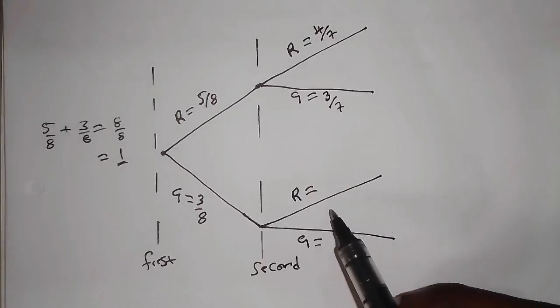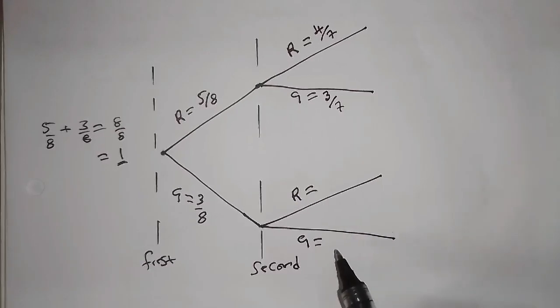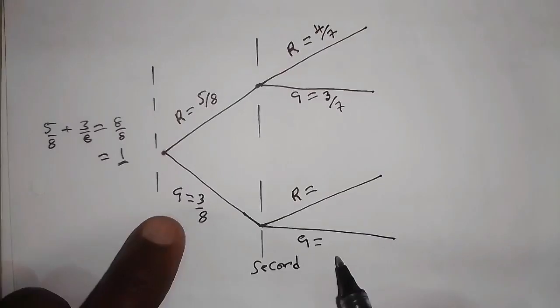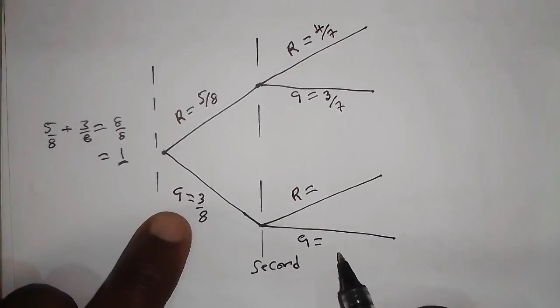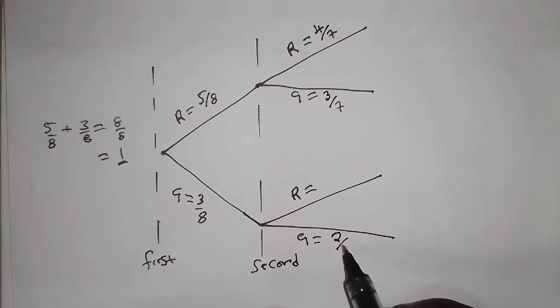Now I come back to this one. When I select this green here, it is 2 out of 7.